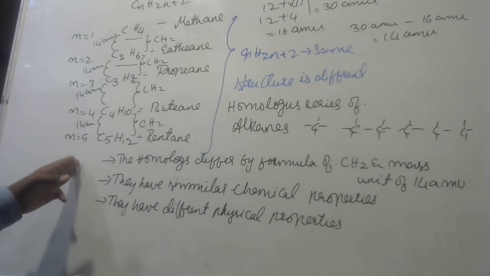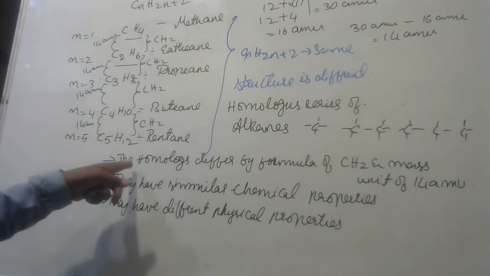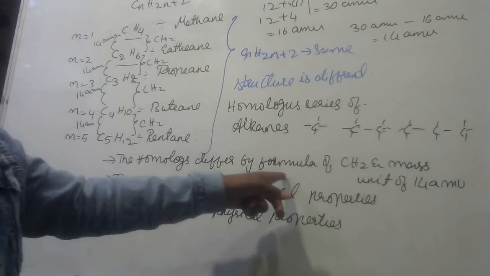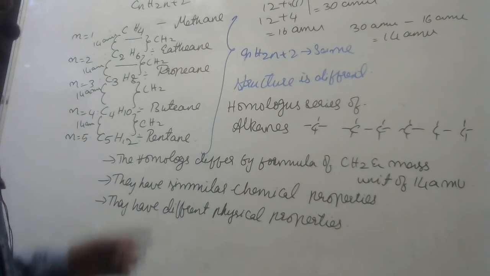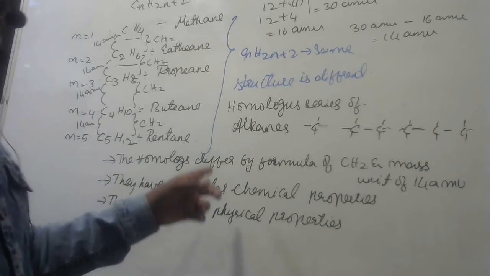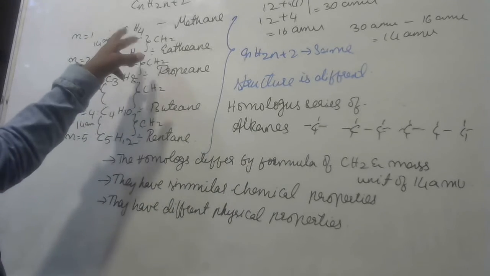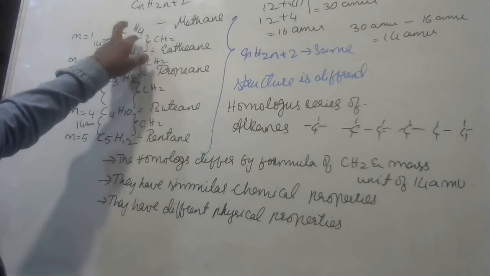So we saw the three properties of the homologous series. The homologs differ by a formula of CH2 and a mass unit of 14 AMU. They have similar chemical properties because they have only two elements, carbon and hydrogen.